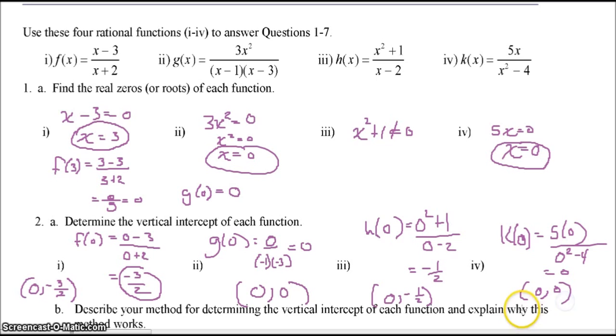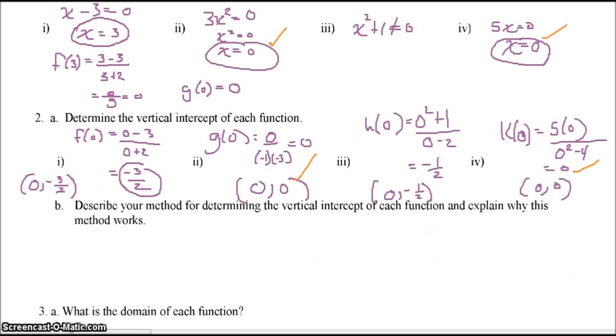So 0, 0. You may notice that in all of these places where the real 0 or the x-intercept was 0, the vertical intercept was also 0. That's going to be a pretty consistent pattern as you move on into pre-calculus and calculus.